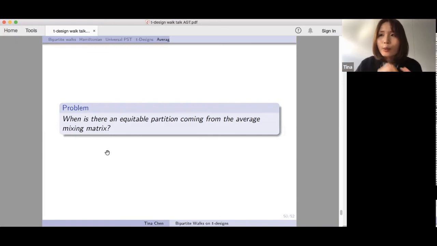So we can very quickly decide whether a state A has perfect state transfer in a graph or not. We can see equitable partitions are very useful when we try to analyze perfect state transfer in our walk.